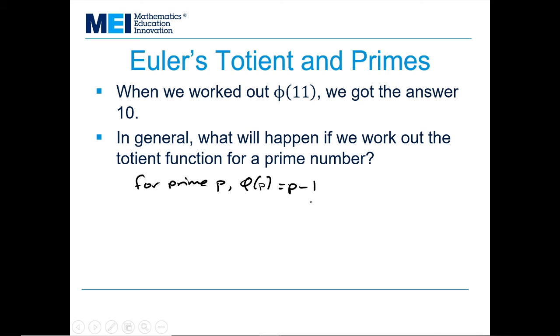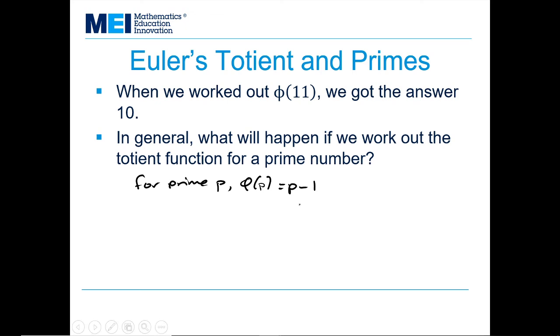This is because the only factors of p are 1 and itself, so all of those numbers, 1, 2, 3, all the way up to p minus 1, have a highest common factor of 1, and it's only once we get up to p itself that the highest common factor will be p.